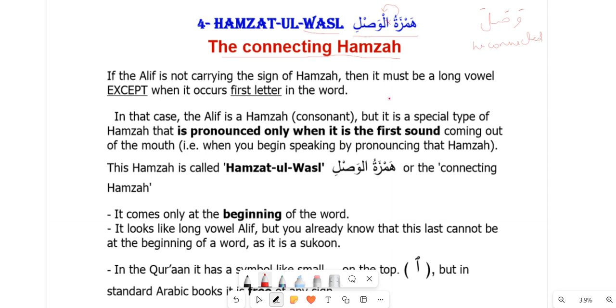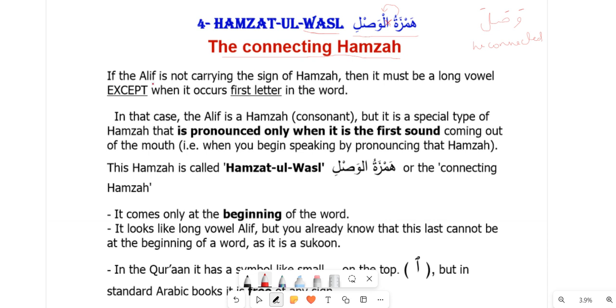So before I go to hamzatul qata, first let's understand what is hamzatul wasl. If you pronounce this hamza, that means you are changing it. In hamzatul wasl, we should not pronounce it. We should always omit it. Remember that. Hamzatul wasl. That's how you need to pronounce.